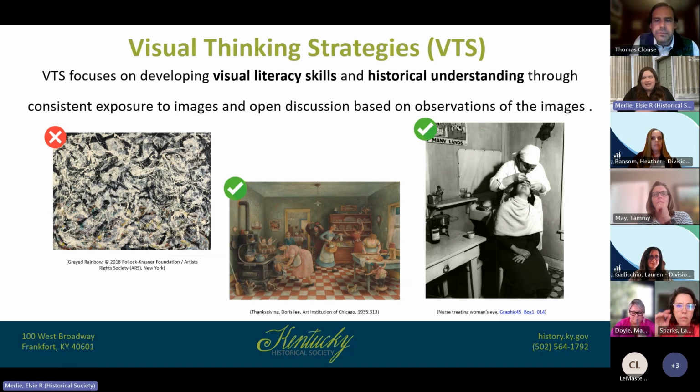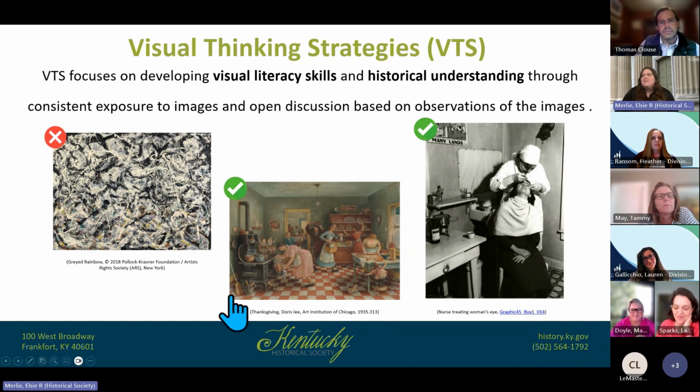As a very big art buff myself, I do enjoy this image a lot, but it's not the best for VTS, because with VTS, you want your students to be able to observe and discuss what they see visually in it. A lot of what Pollock's work is wanting them to do is interpret how it makes them feel. So that's not the best image for VTS, but we can still appreciate that it is an amazing piece of artwork.